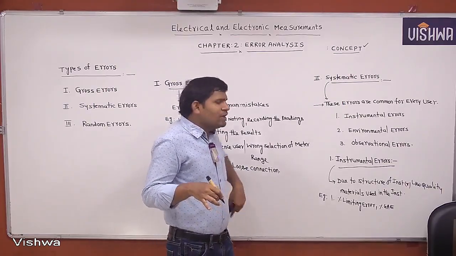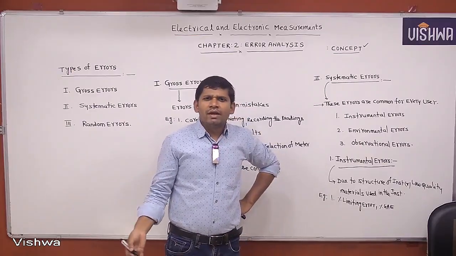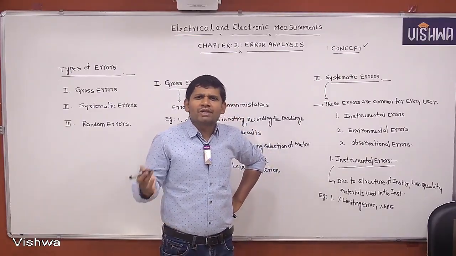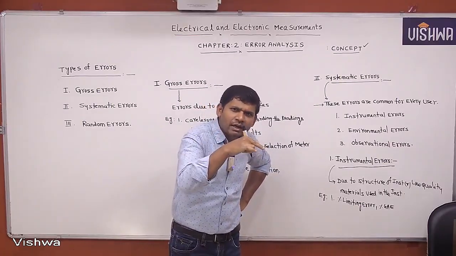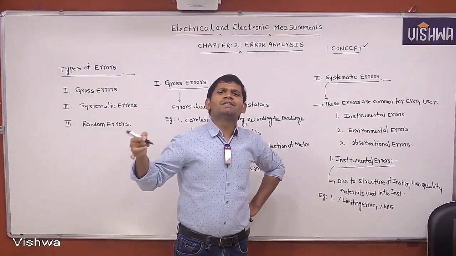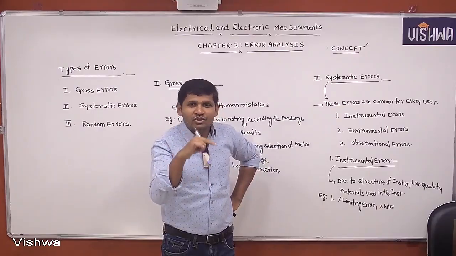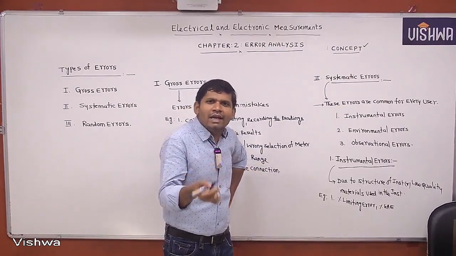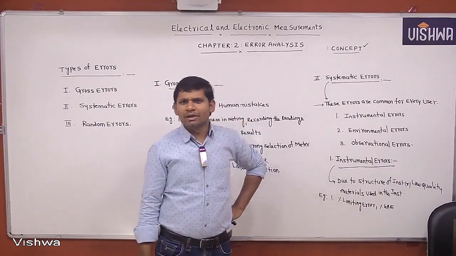A manufacturer will specify, for example, a 0 to 150 volts voltmeter having accuracy of plus or minus 2% of full scale reading. That means if you use this instrument in the measurement of 150 volts, we can get plus or minus 2% error. This is specified along with the instrument. That's why guarantee accuracy error is also instrumental error. Limiting error is also instrumental error.